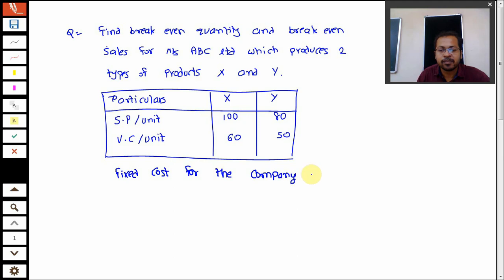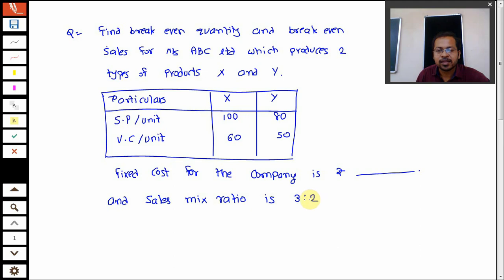The fixed cost is rupees, now please wait, I need to do some mental calculation so that the value doesn't come in points. And sales mix ratio is 3:2. Sales mix ratio is 3:2.